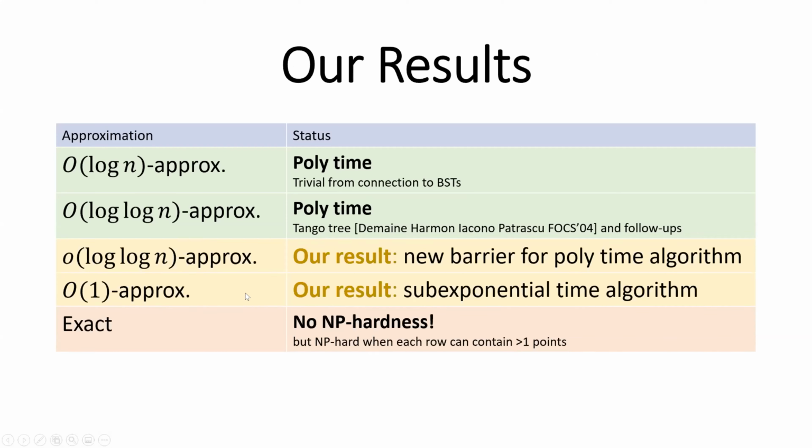And we proved that for anything better than log n, there is actually a barrier for the known approach. So the known approach cannot go beyond log n. So that is the result.